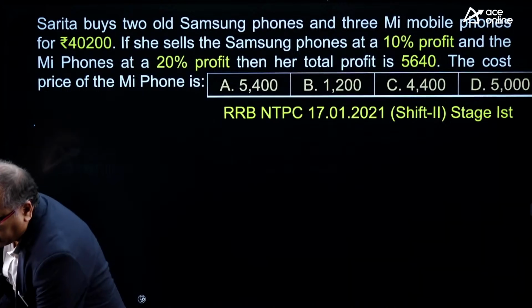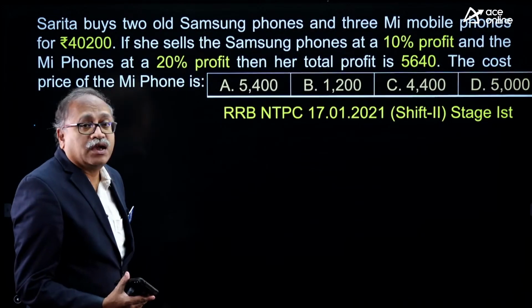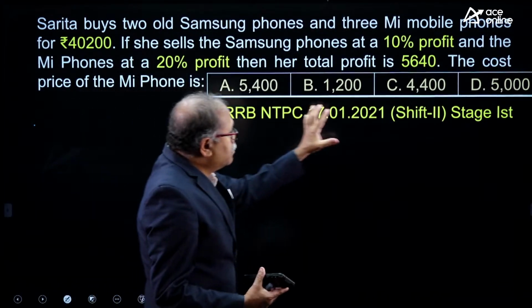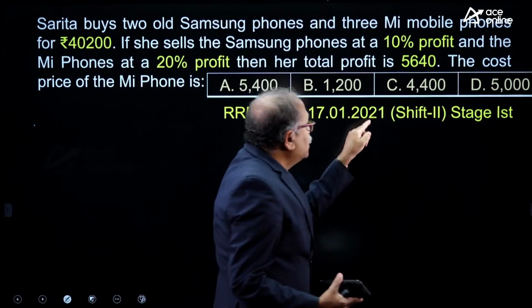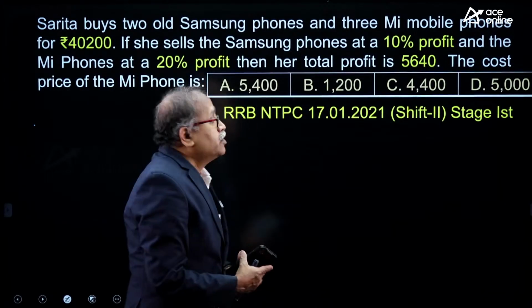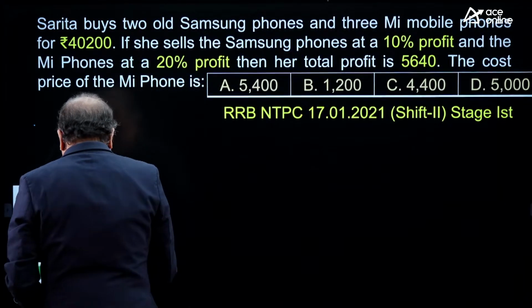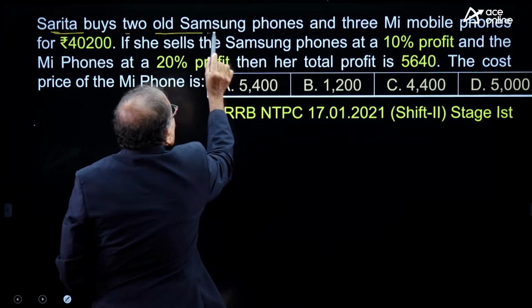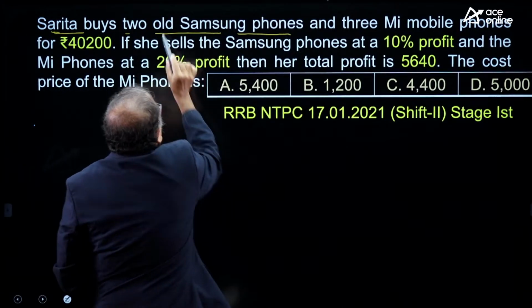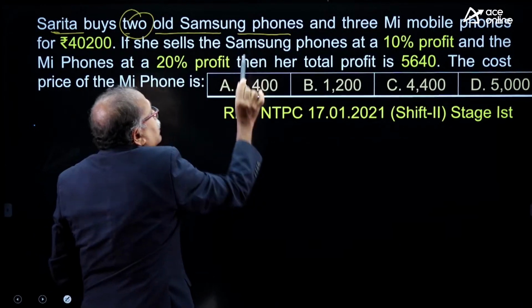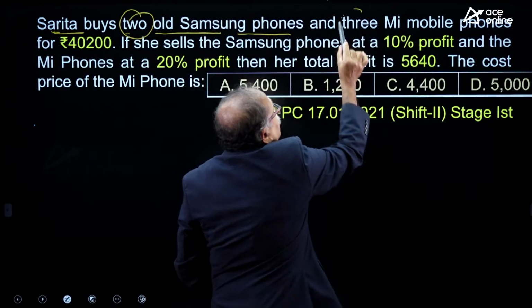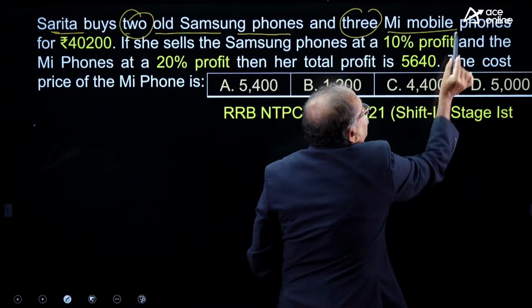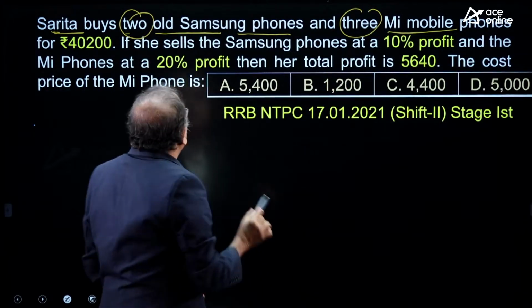Come on, my dear friends. I will read the question, and you can notice that I picked up questions even shift-wise. Sarita buys 2 old Samsung phones and 3 MI mobile phones.